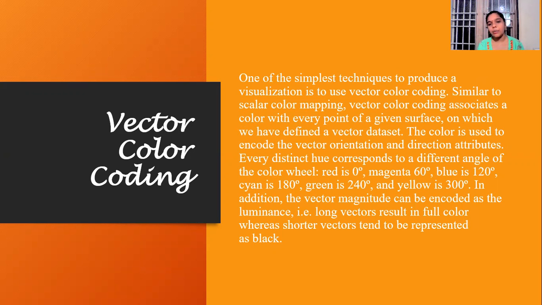Every distinct point corresponds to an angle on the color wheel. That means red represents 0 degrees, magenta represents 160 degrees, blue represents 120 degrees, green represents 240 degrees, yellow represents 300 degrees, and so on. In addition to this, the vector magnitude can be encoded as luminance. Long vectors result in a full color, whereas shorter vectors are represented as black.